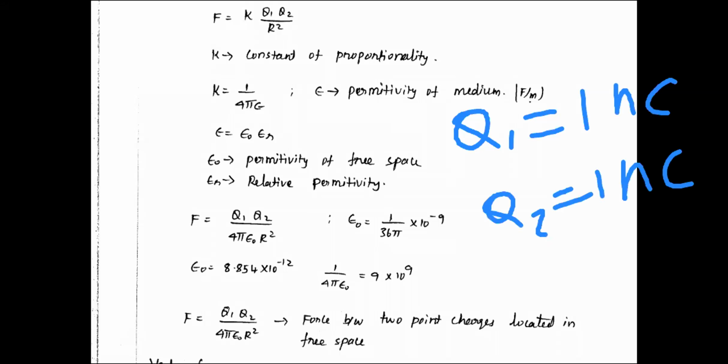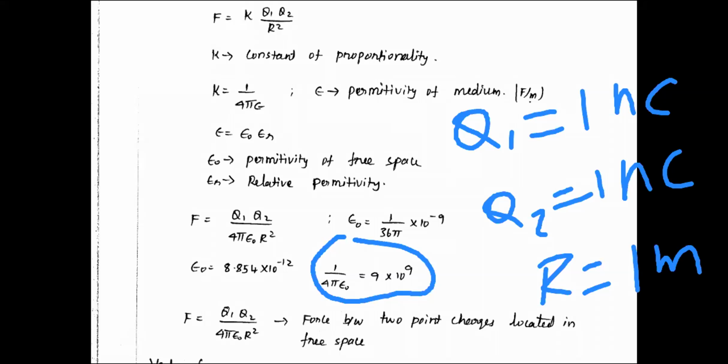Then they will simply tell that the distance between these two charges is 1 meter. Then what is the force they will ask? What is the force? Anybody? I have given you all the parameters: Q1, Q2 and the distance between the charges. See, instead of 1 by 4 pi epsilon naught, you should simply remember 9 into 10 power 9.